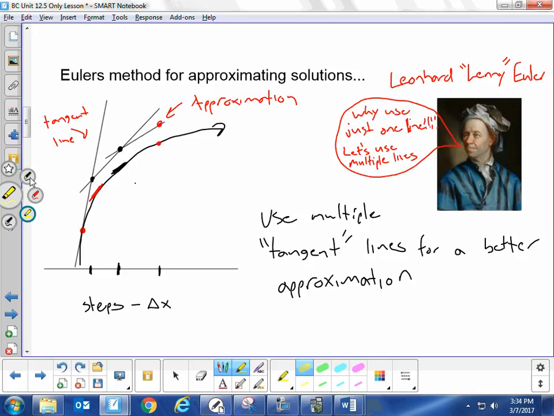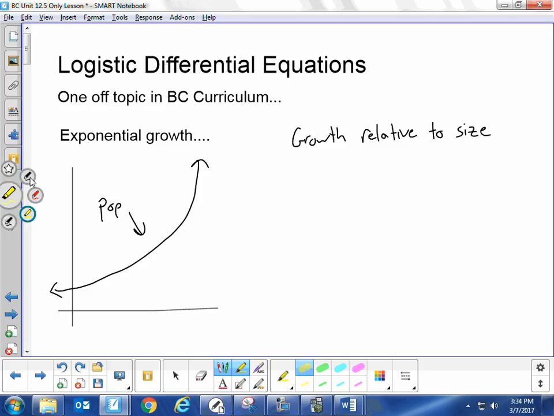To the other lesson, this one being the more important of the two. We're going to talk about logistic differential equations. It's actually not very calculus intense, but you have to just be familiar with it. Now first, something that we need to talk about is something that exponentially grows or decays. Okay? Exponential growth, if this is a population, say, P of t, we can write a differential equation for this situation.